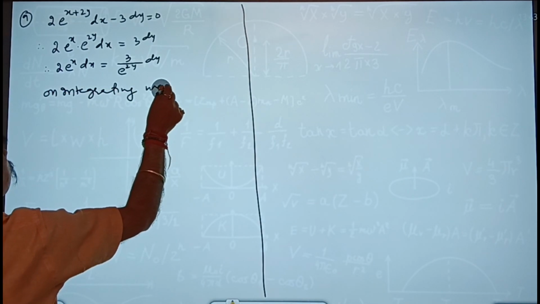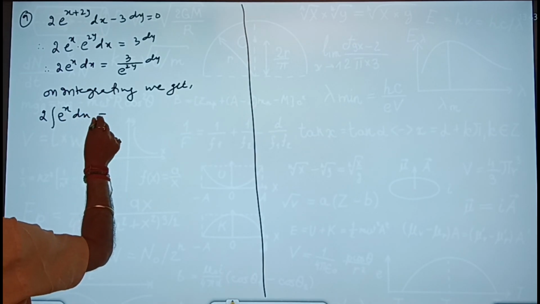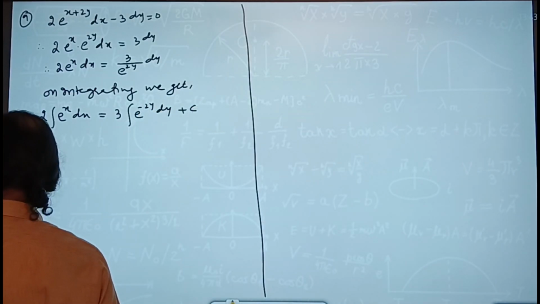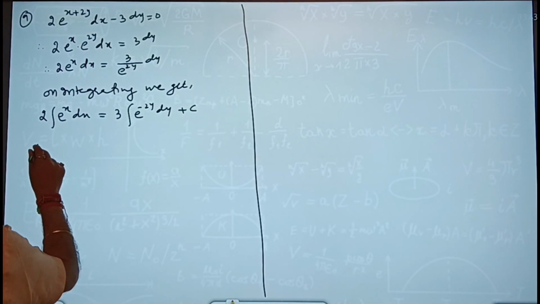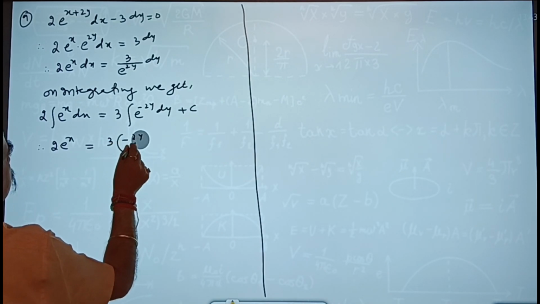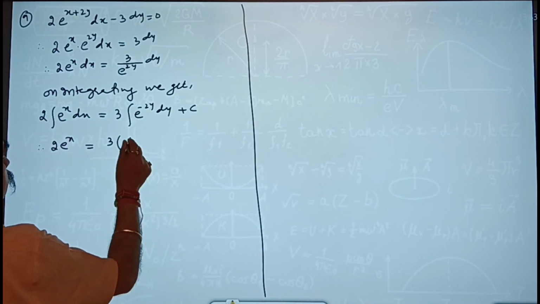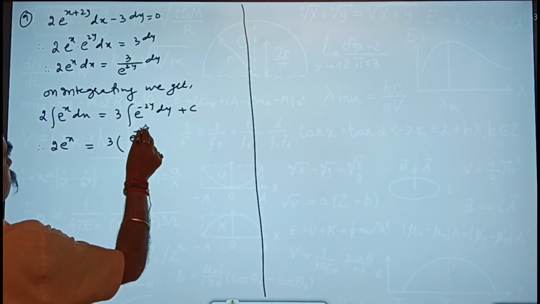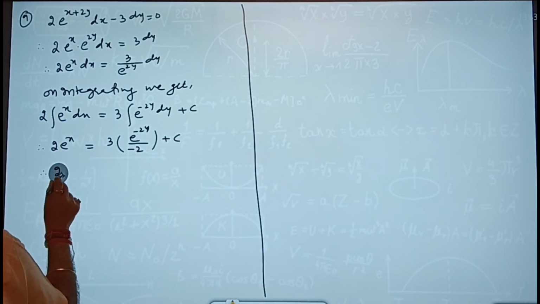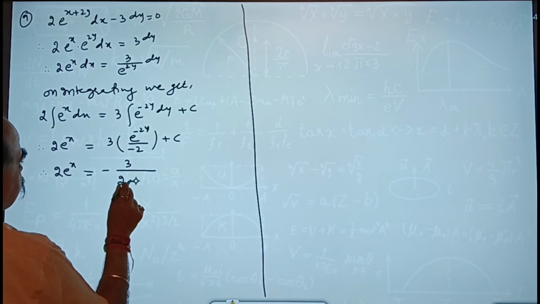On integrating, we get 2 integral e raised to x dx equals 3 integral e raised to minus 2y dy plus c. 2 e raised to x equals 3 e raised to minus 2y upon minus 2 plus c, that is minus 3 upon 2 e raised to 2y plus c.